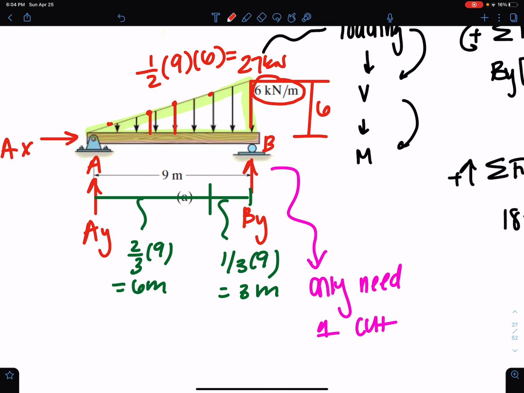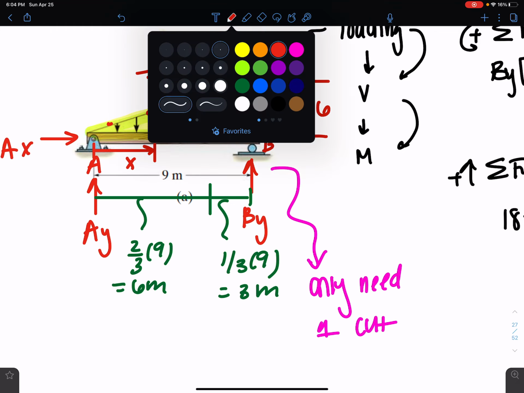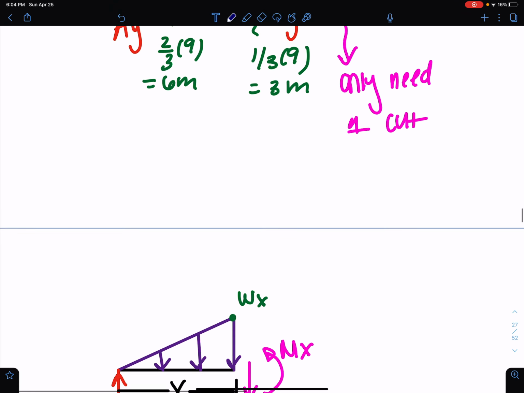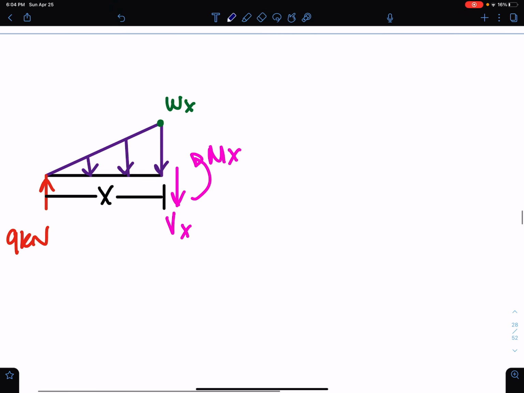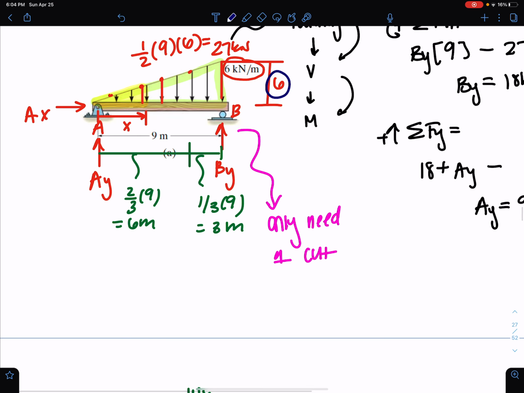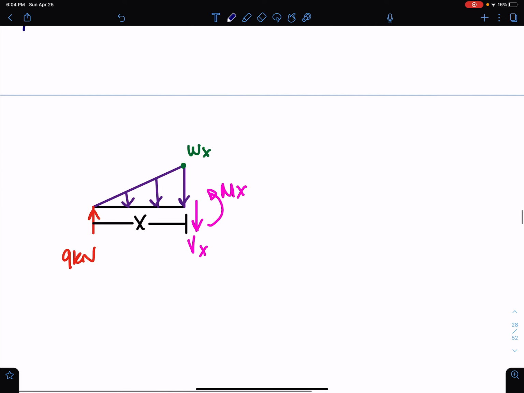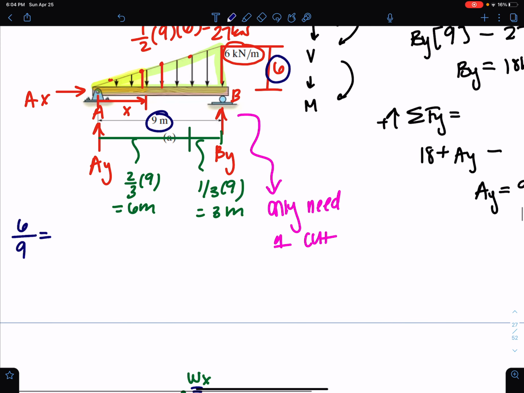So what we want to do here is set up a similar triangle system, and say, if some distance X along the beam is here, can we use similar triangles to relate this small yellow triangle to the larger green triangle? We're going to say that the whole 6 is to the whole length 9, as similar triangles, as this wx is to some x.